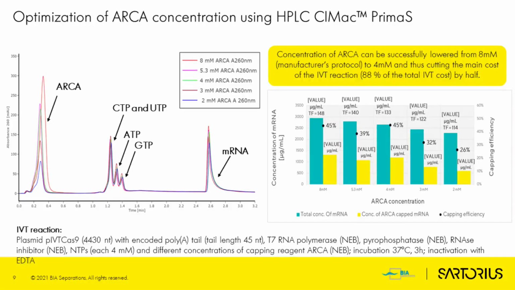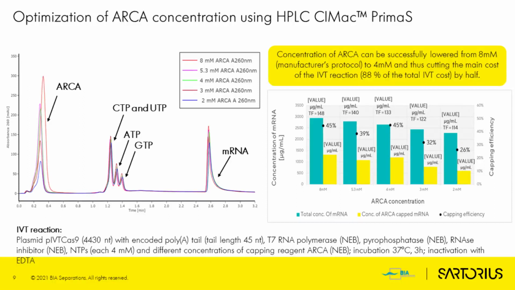Very shortly to touch the most expensive part of mRNA production, which is actually the IVT. The reagents like ARCA are very, very expensive, so it is good to establish a good in-process control by which you can optimize the use of the reagent. So we are using the Prima S column because it separates mRNA away from building blocks and from the reagent, and then you can also calculate your IVT transcription.